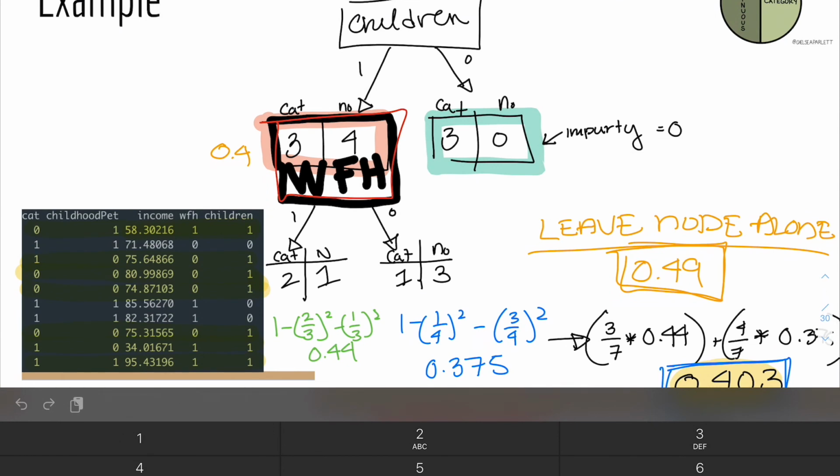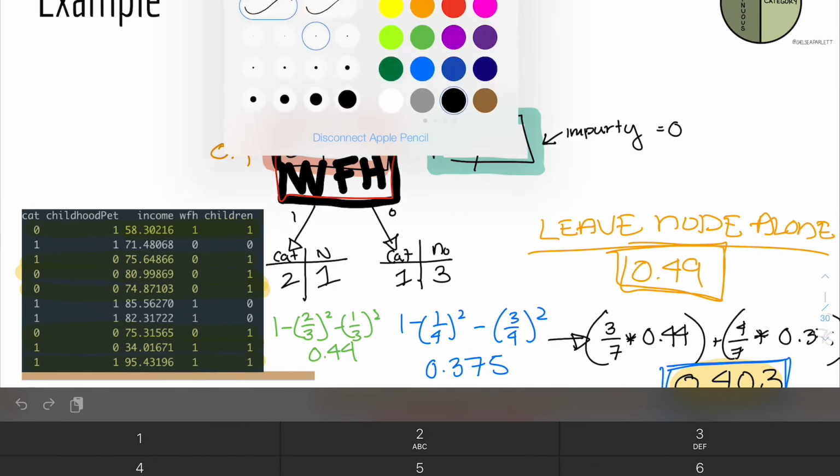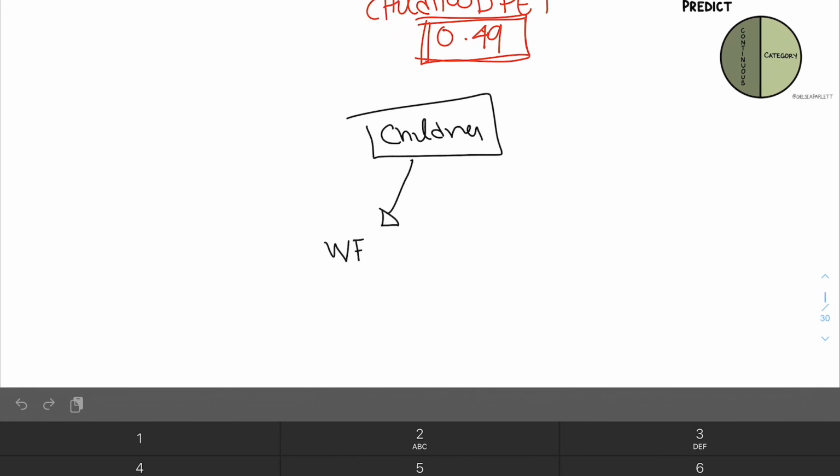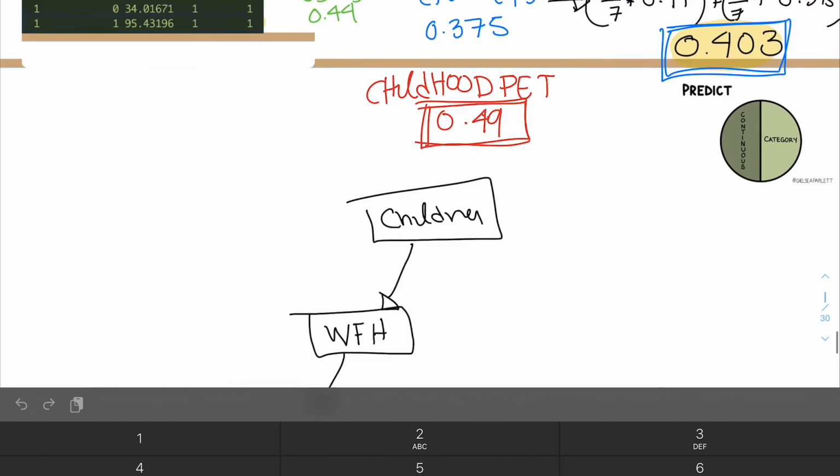So we would have a tree, let me draw it out here with a little bit less mess and numbers. Our tree is going to end up being, do you have children? If yes, then do you work from home? If yes, then we're going to classify you as a cat person.